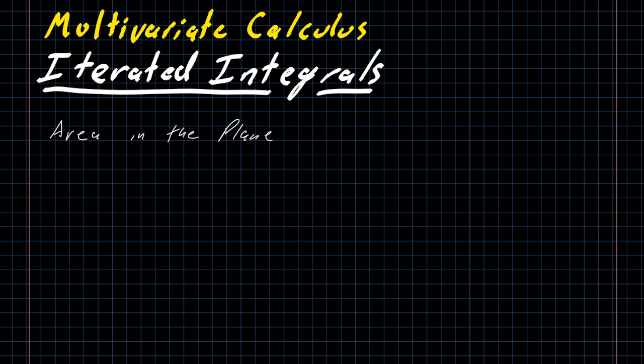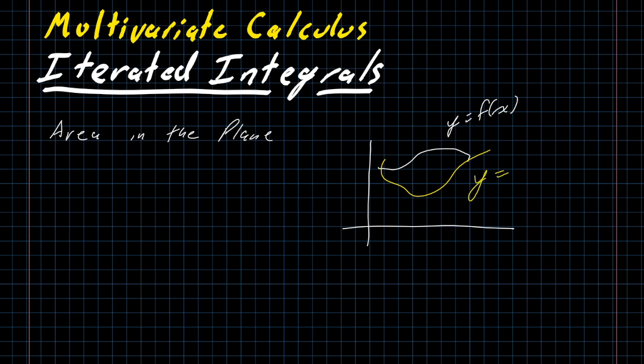You have seen in your previous study of mathematics that if you have an arbitrary region in the xy plane bounded above by some curve y equals f of x and bounded below by some other curve, say y equals g of x, you can find the area here by finding the area of all of these infinitely many rectangles and adding them all together.